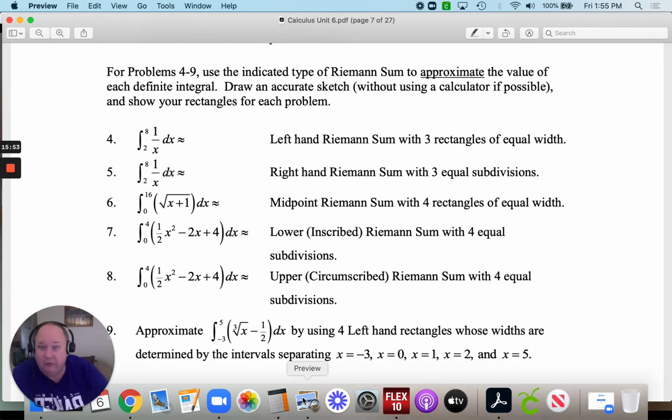This graph has just been shifted 1 to the left. And you're going 0 to 16, and 4 rectangles. So 16 take away 0 divided by 4. So it's 4.